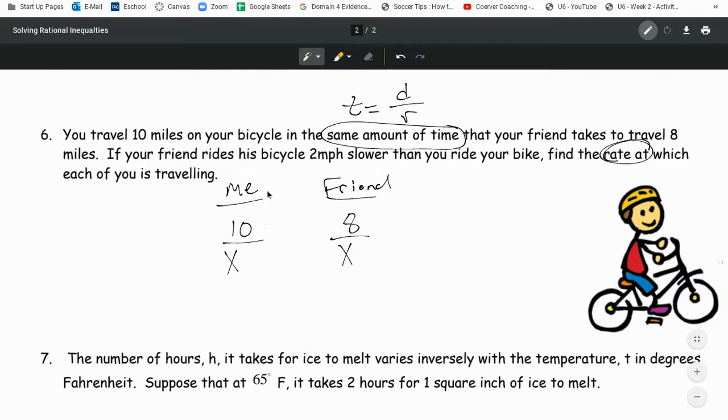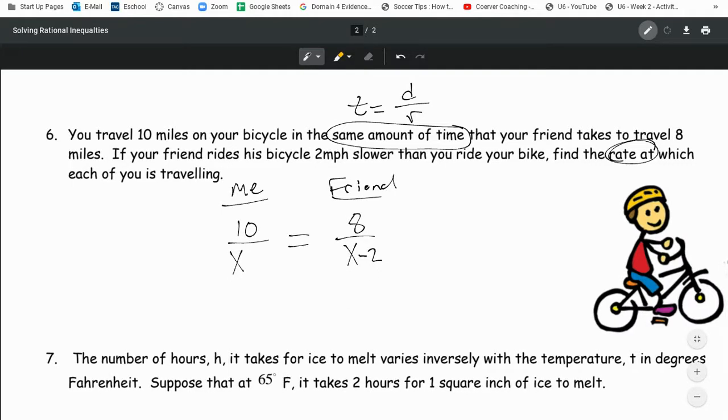But we do know our friend rides 2 miles per hour slower, so if my rate is x, his rate is going to be x minus 2, because that means it's going the same speed as me minus 2 miles per hour. So now I have my two fractions and I just set them equal to each other.